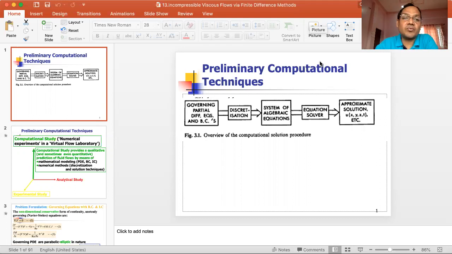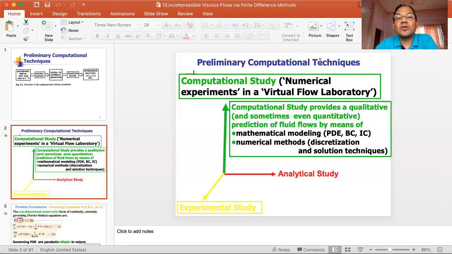As I told you in the very beginning, I showed you this slide where there are three branches. One study is experimental study, which the engineers do. The other is done by mathematicians, either analytically or computationally.